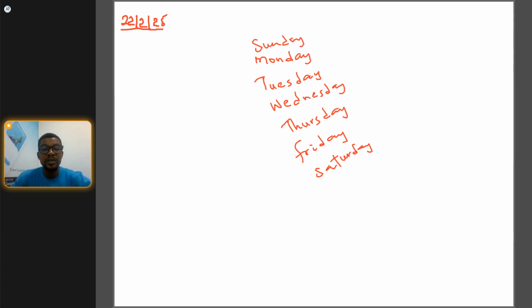So this is the list of the days in the week, right? This is a collection of days in the week. We don't have more than this. If you look at this list, it is well defined that we have 7 days in the week.